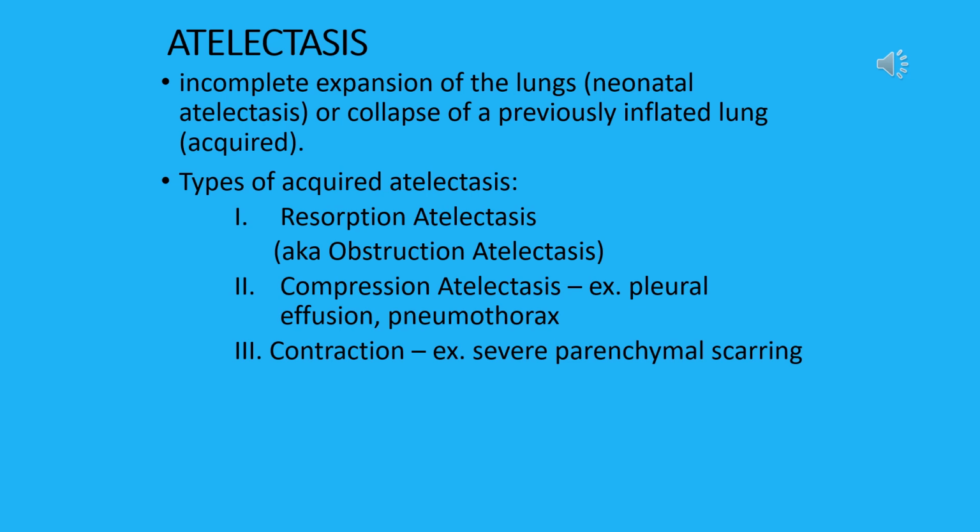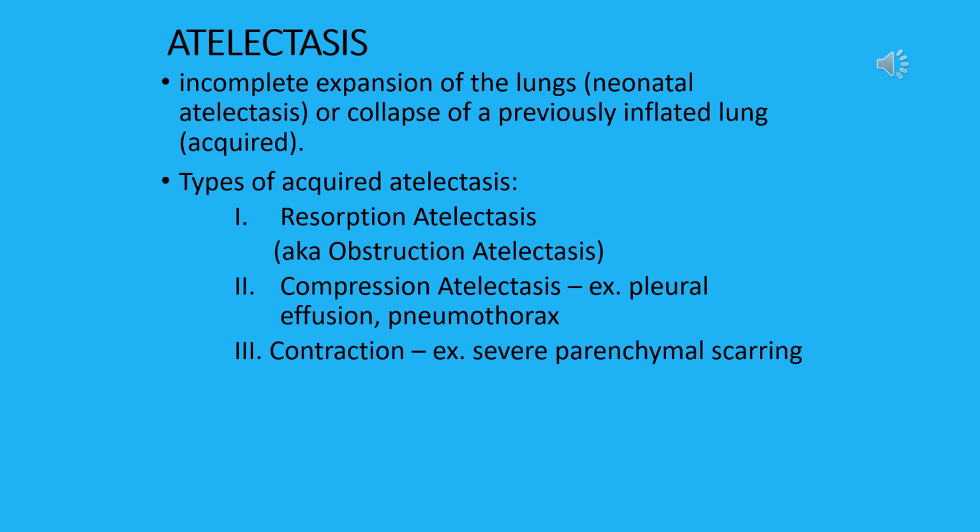Number two, compression atelectasis occurs when a significant amount of fluid, for example blood or effusions, solid material, for example tumor, or air accumulates in the pleural cavity and displaces or compresses the lung tissue.